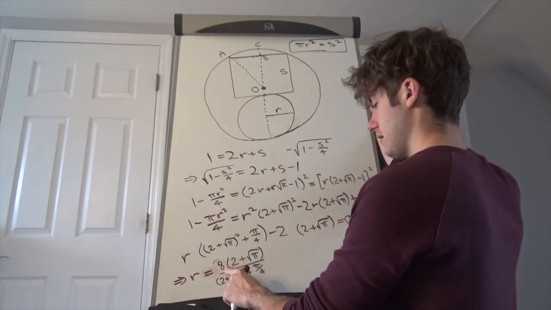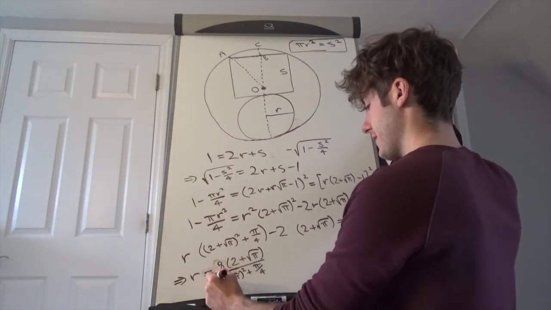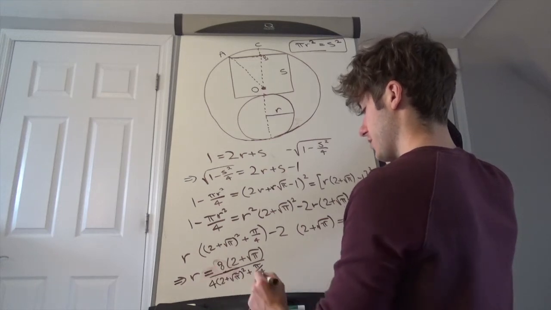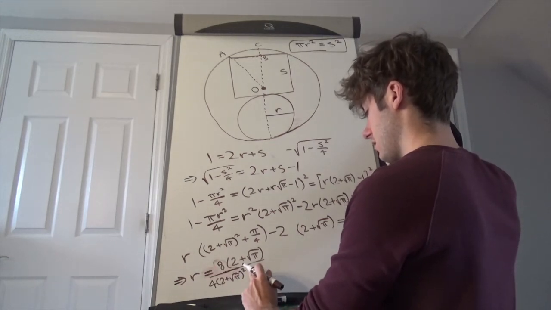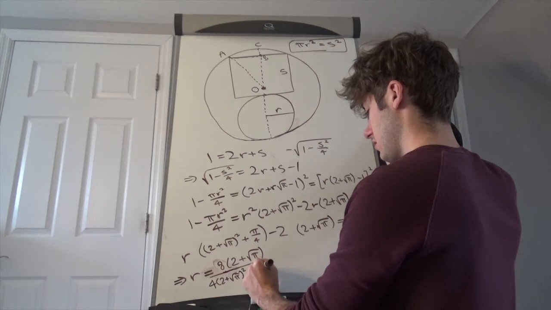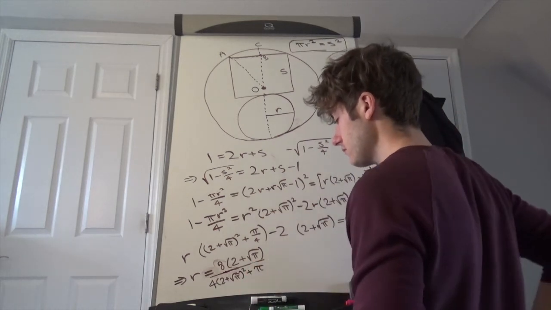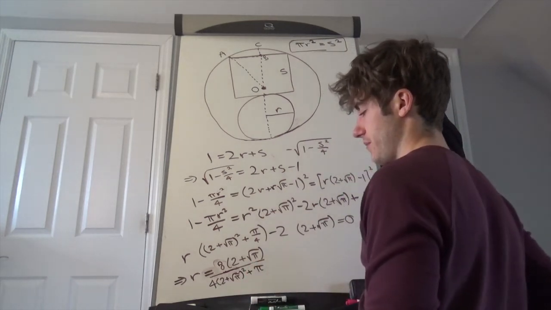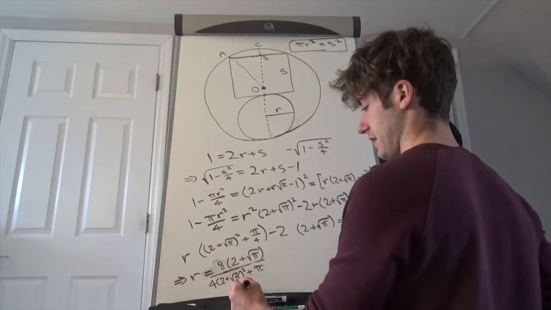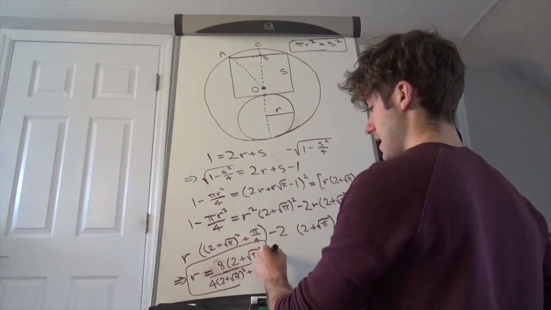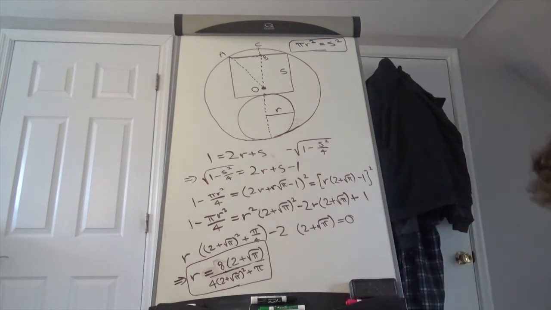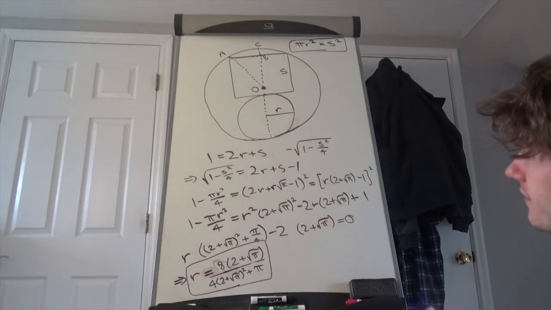And we get 8 plus 2 root pi divided by 4 times 2 plus root pi squared plus pi. And now I don't know how much you could simplify this expression anymore, but I think that's a format that I'm willing to accept. And that's 8 times the quantity 2 plus root pi divided by 4 times the quantity 2 plus root pi squared plus pi. That is the radius of that circle.